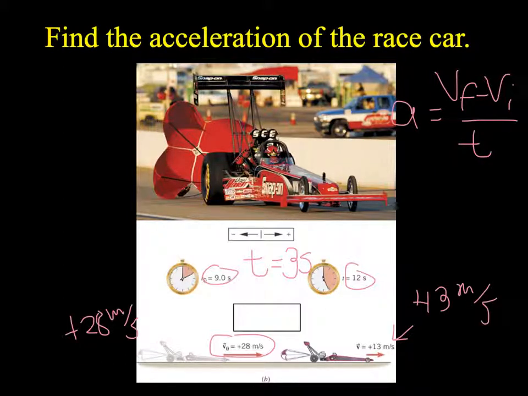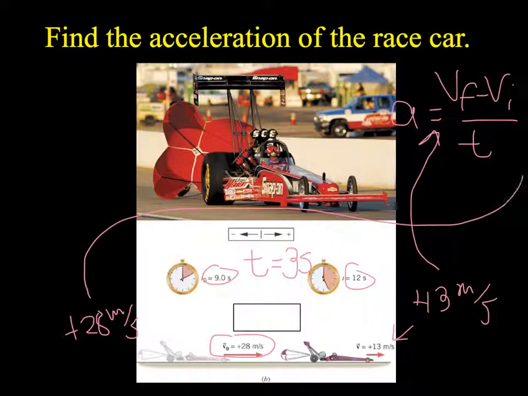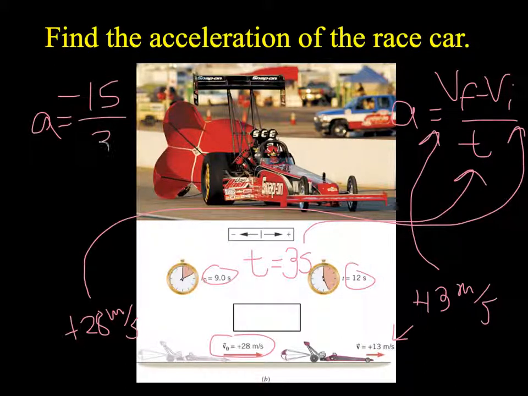If we plug in a final velocity of 13 meters per second, an initial velocity of 28 meters per second, and a time of 3 seconds, it's going to be 13 minus 28, so you get a negative 15 on top divided by 3. So you'll end up getting a negative 5 for your acceleration.